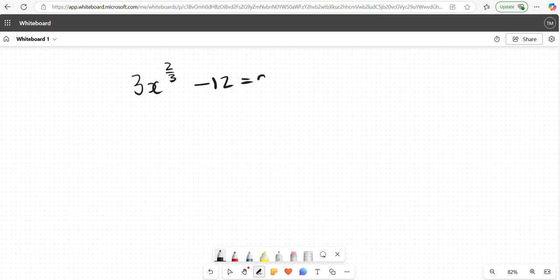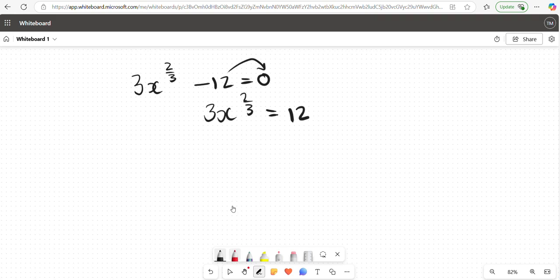How would you go about solving these? It's pretty much the same idea. You want to isolate the power that has the x with it. So I want to take the 12 to the other side. I get 3x to the power of 2 over 3 equal to a positive 12.